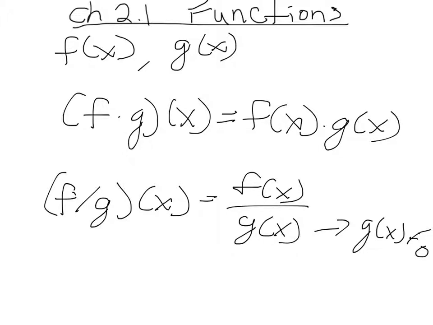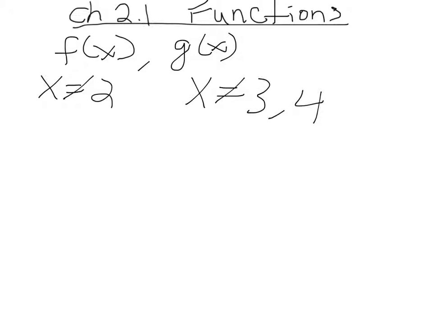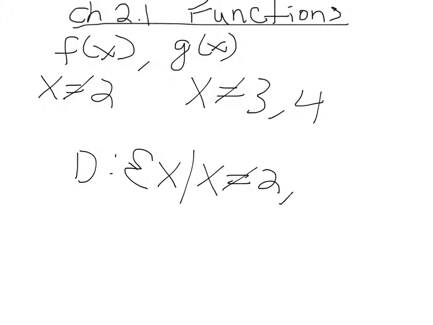So if f of x has the domain x cannot equal 2, and g of x has the domain x cannot equal 3 and cannot equal 4, you would say the domain of this function is x such that x cannot equal 2, 3, or 4. It has to incorporate the domain of both the functions, and that's true for all four cases: adding, subtracting, multiplying, or dividing.